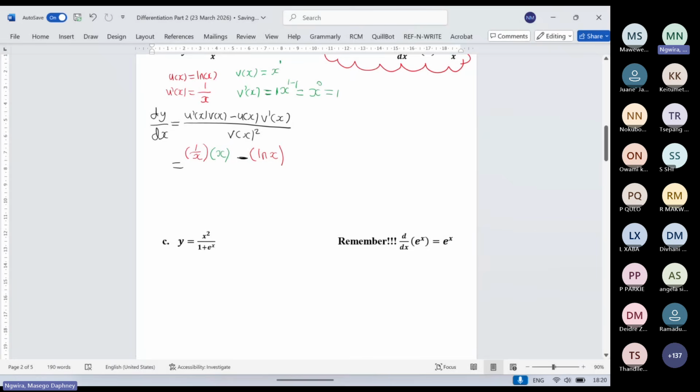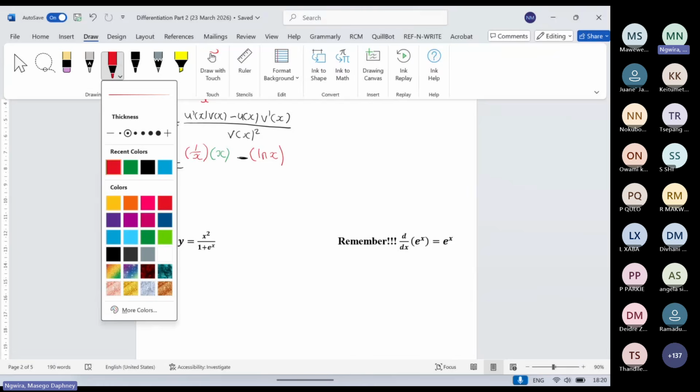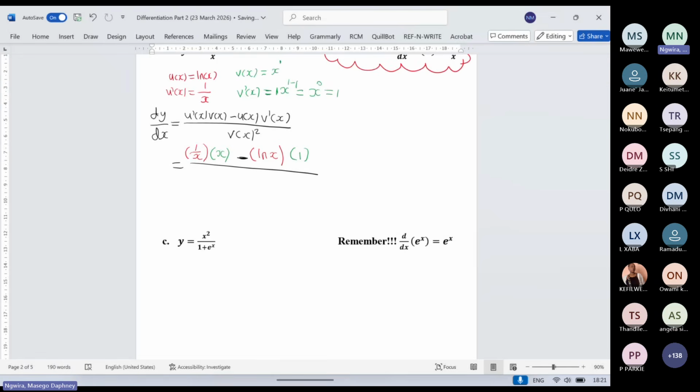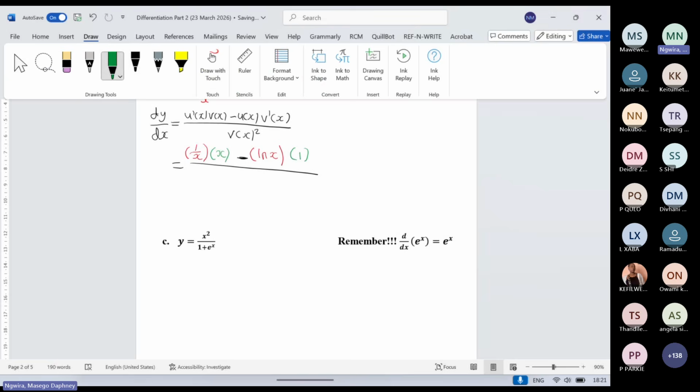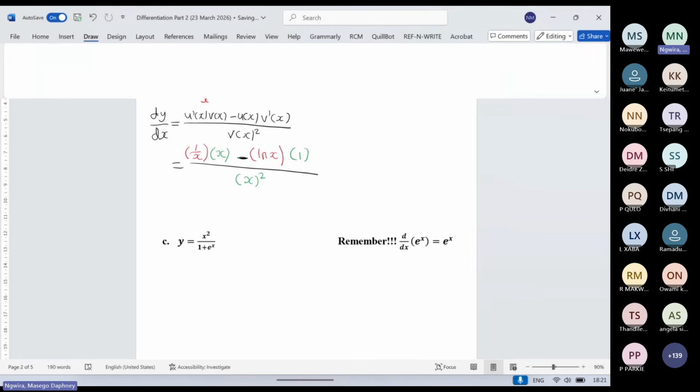And then my derivative of v is 1. So this is 1. And then over v. Our v is x, so we're going to square it. Then we square.